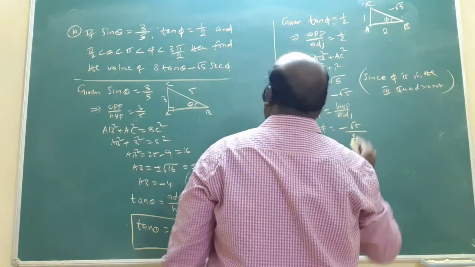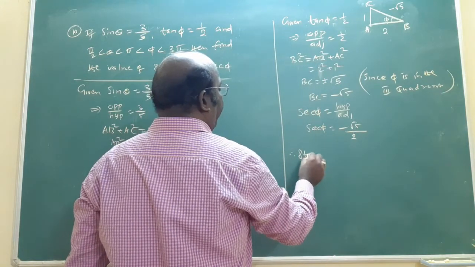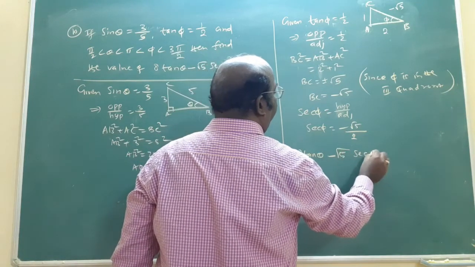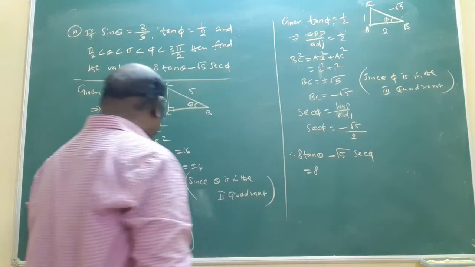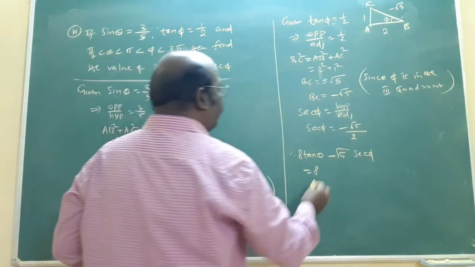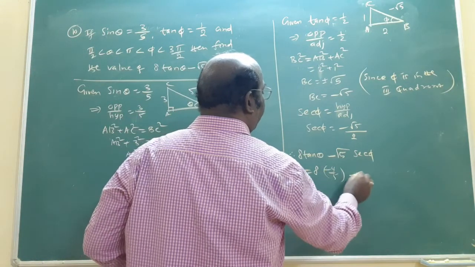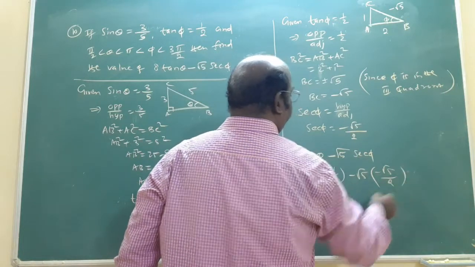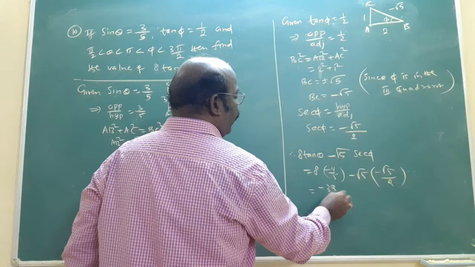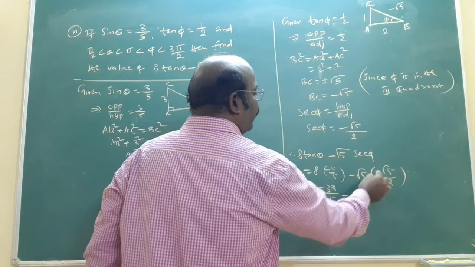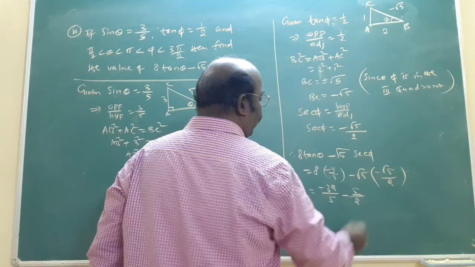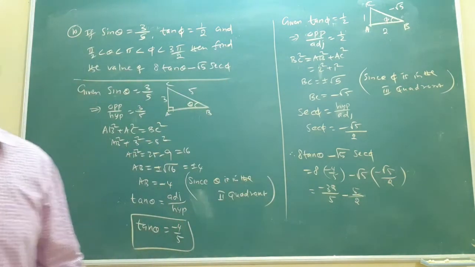Now write the question: 8 tan theta minus root 5 into secant theta equal to 8 into tan theta. Tan theta is minus 4 by 5, root 5 into secant is minus root 5 by 2. Now multiply, minus 32 by 5 plus root 5 into root 5, only 5 by 2. Now take LCM, we get the answer.